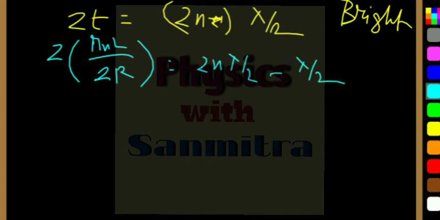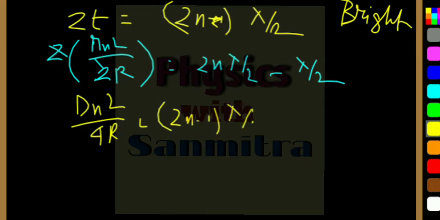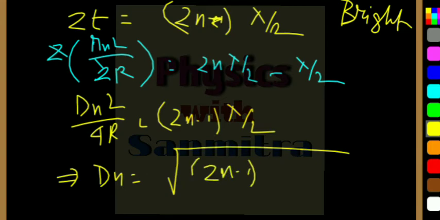So dn squared by 4R will be 2n minus 1 lambda by 2, or we can simply write dn is equal to root over of 2n minus 1 lambda by 2 into 4R, or we can cancel out for simplicity and we'll get the expression. Bright rings, actually we used to analyze the dark rings only more in case of Newton's ring experiment, because dark rings are easier to compute.